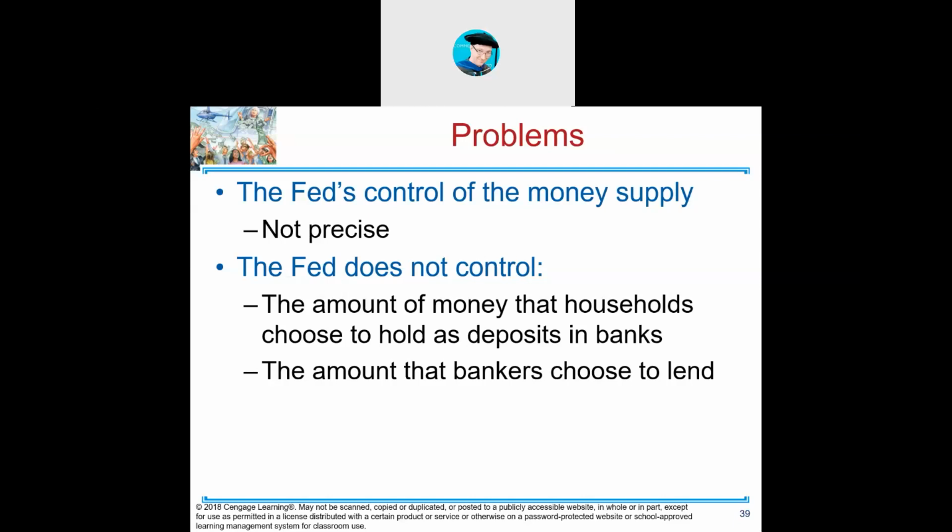So it's not precise. And the Fed does not control things like the amount of money that households can choose to deposit in their banks or the amount that banks can choose to lend, right? So in other words, there's no caps on the amount that I can deposit. There's no caps on the amount that the bank can lend to me.